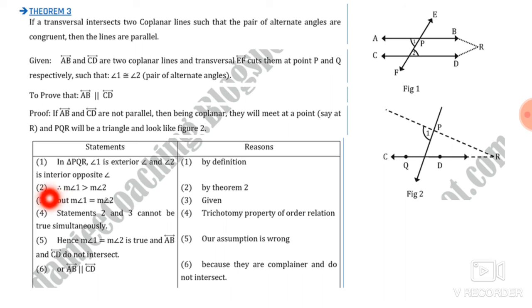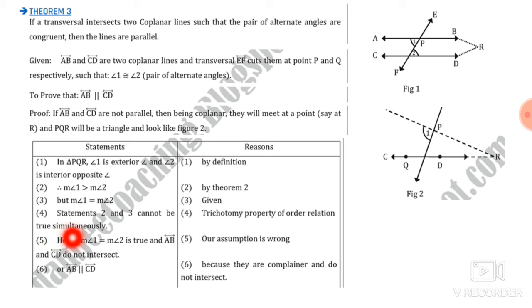This is not possible. Only one condition can be true at a time. So statement number 4 is: statements 2 and 3 cannot be true simultaneously, by the trichotomy property of order relation.